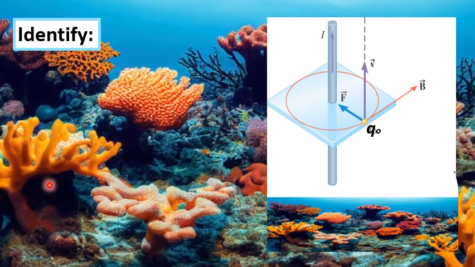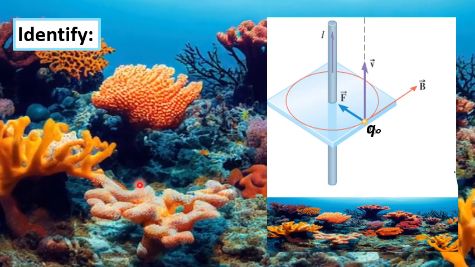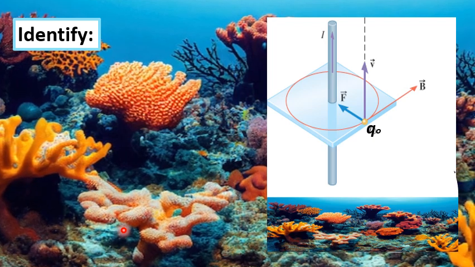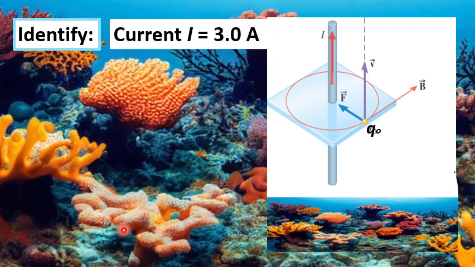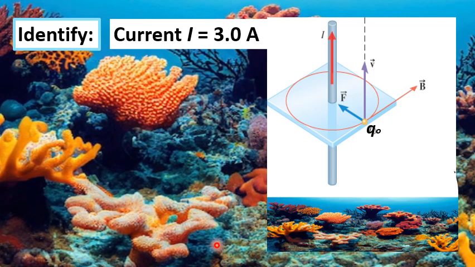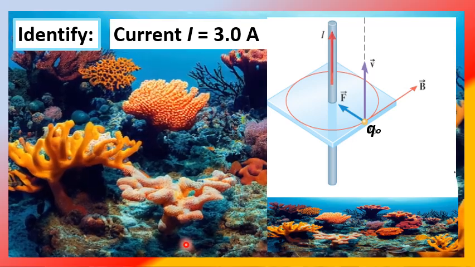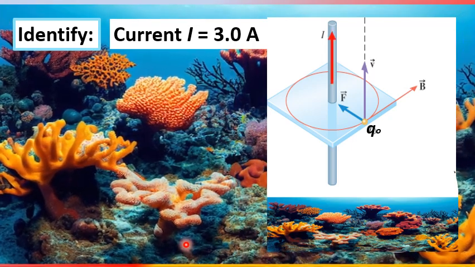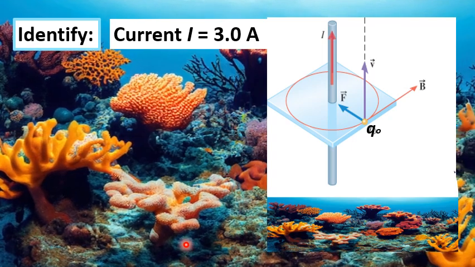As shown in the figure, the conventional current of 3.0 amperes is directed vertically up, or perpendicular to the ground on a horizontal plane.